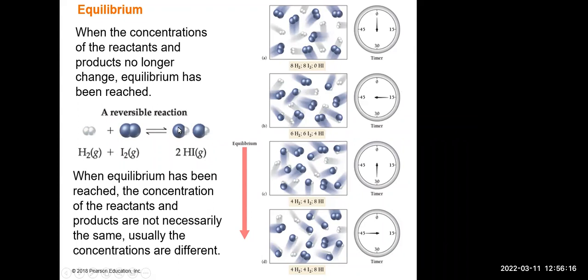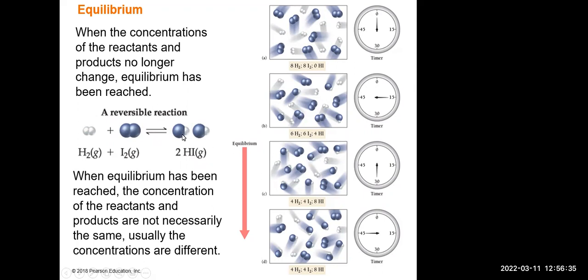The larger blue and white represent the HI. We see the HI already began to be produced, and as more time goes on, we see more HI produced.